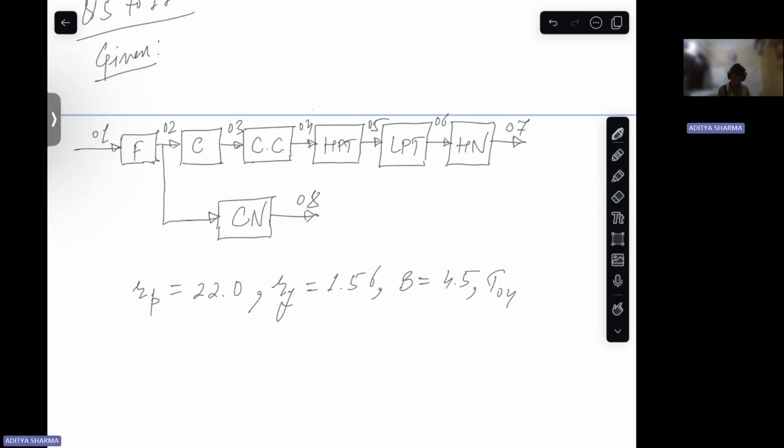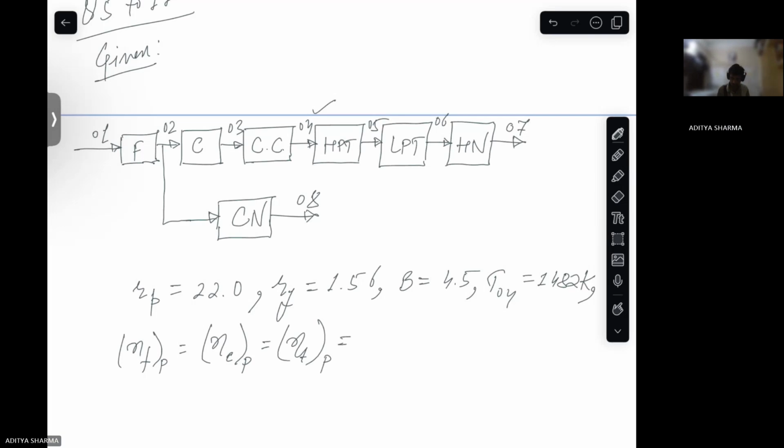Turbine inlet temperature is given as 1482 Kelvin. Then polytropic efficiencies for your fan, compressor, and turbine are given as 0.87.